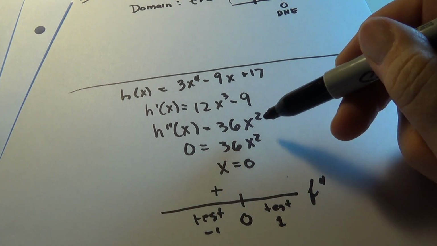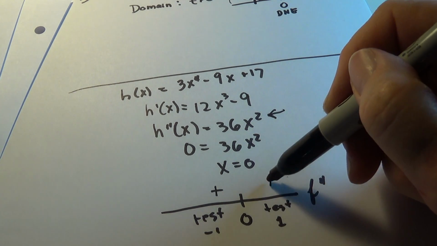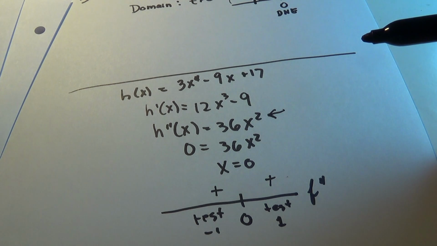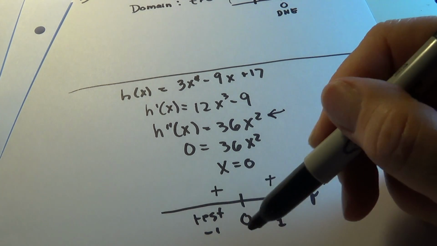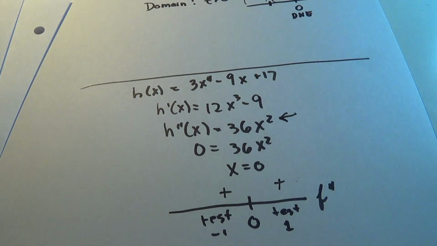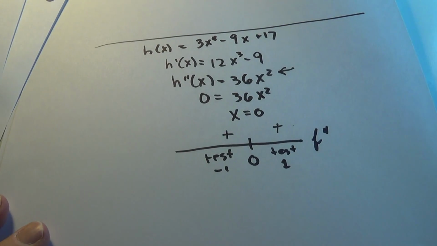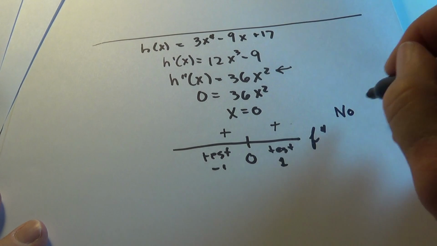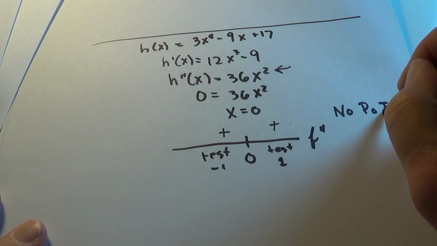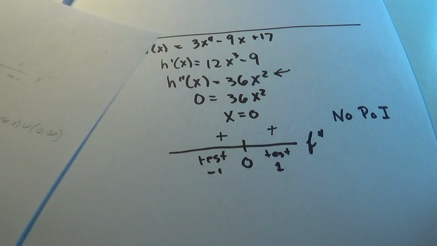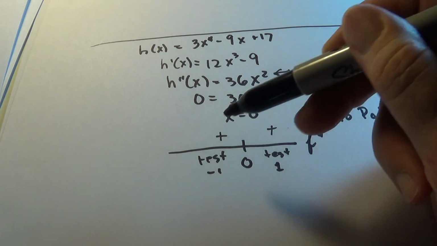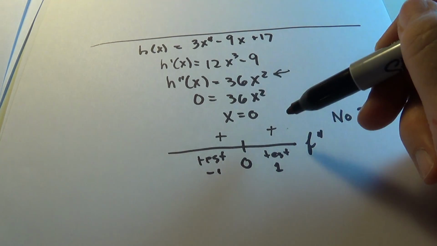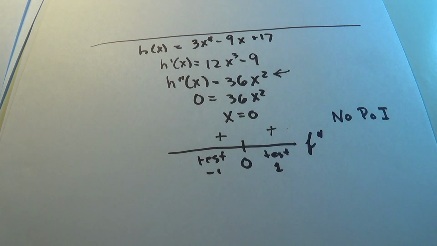When I put in 1, I also get a positive. So that tells me something. It tells me that this is not a point of inflection. In fact, this particular graph has no POI, no point of inflection. Because remember, for it to be a point of inflection, the graph has to go from positive to negative or negative to positive as far as the second derivative is concerned.